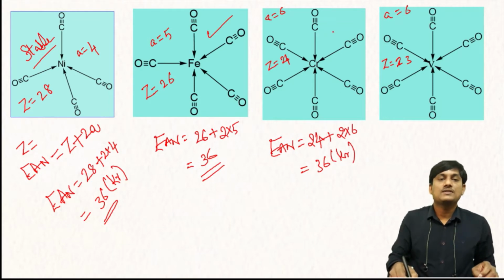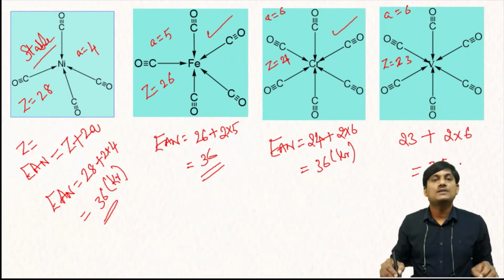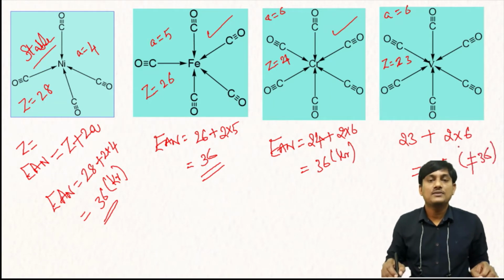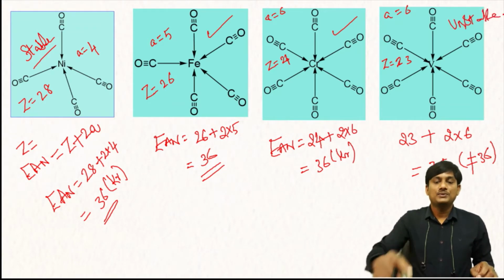So this one is also stable according to the EAN rule. And V(CO)6: 23 plus 2 into 6 is equal to 35. This is not equal to 36, the atomic number of krypton. So this one is unstable according to the effective atomic number rule.